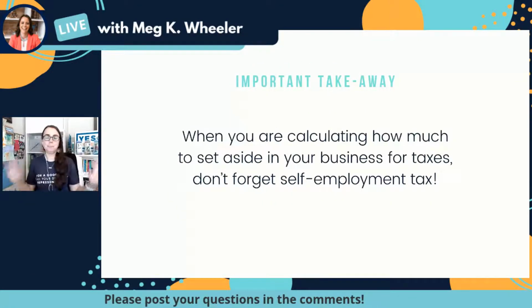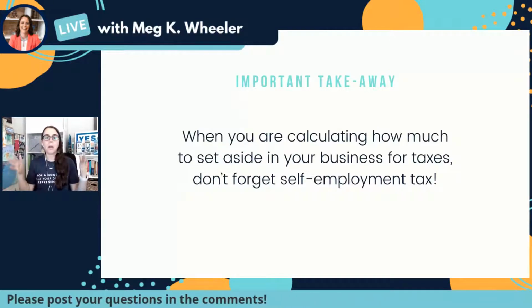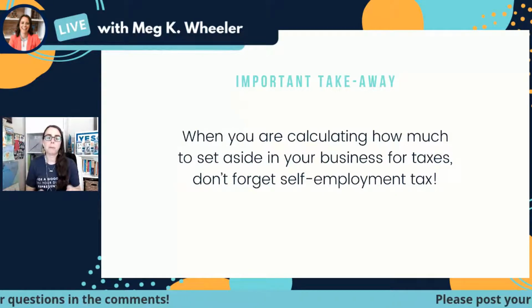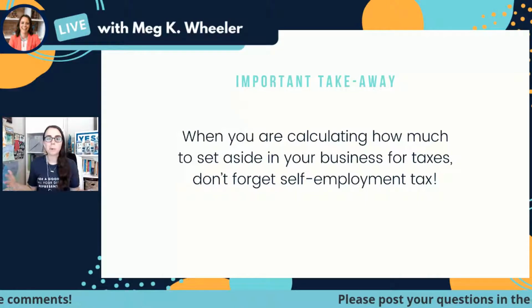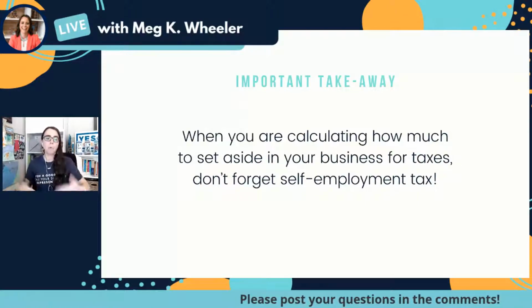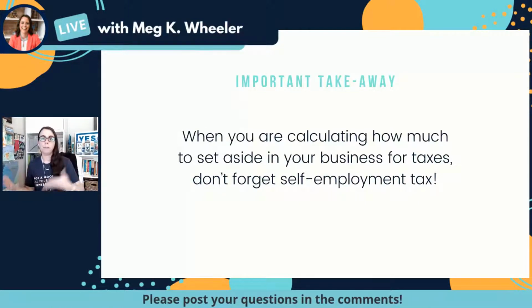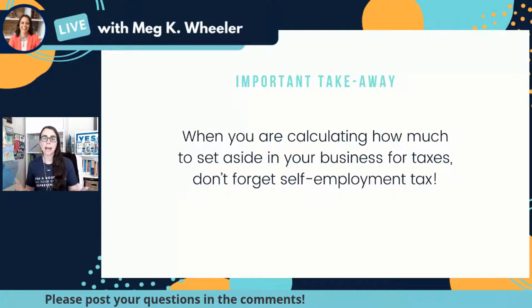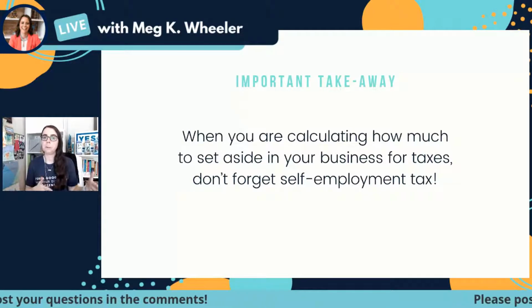Now, I literally just said this, but I want to reiterate it. So let's just say you determine that your income tax rate is about 20%. So you're going to set aside 20%. Well, you're also going to want to set aside that 15.3% for self-employment tax. Now, remember I said you get a 50% deduction.